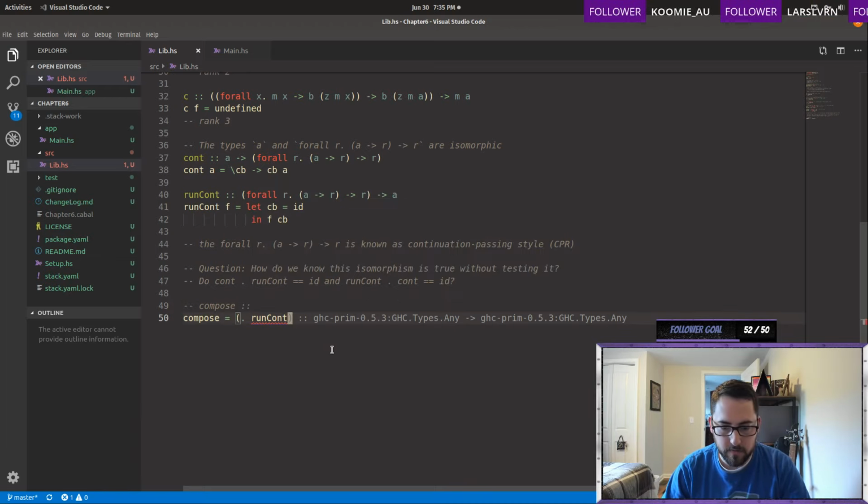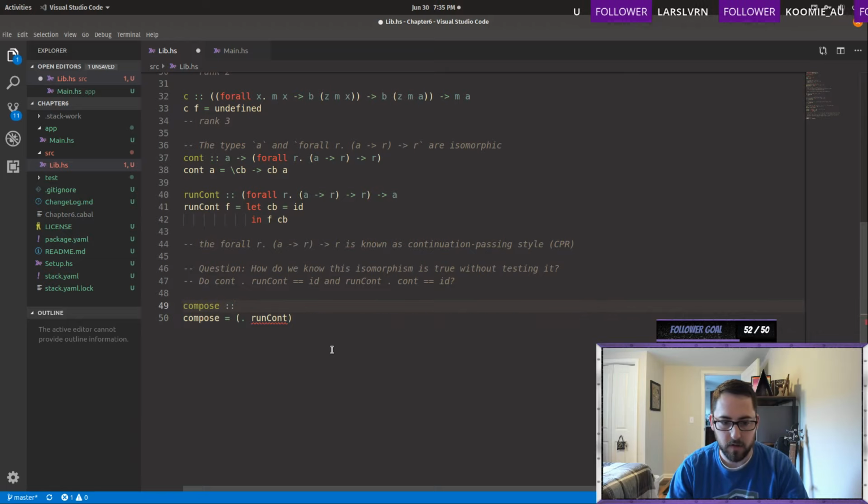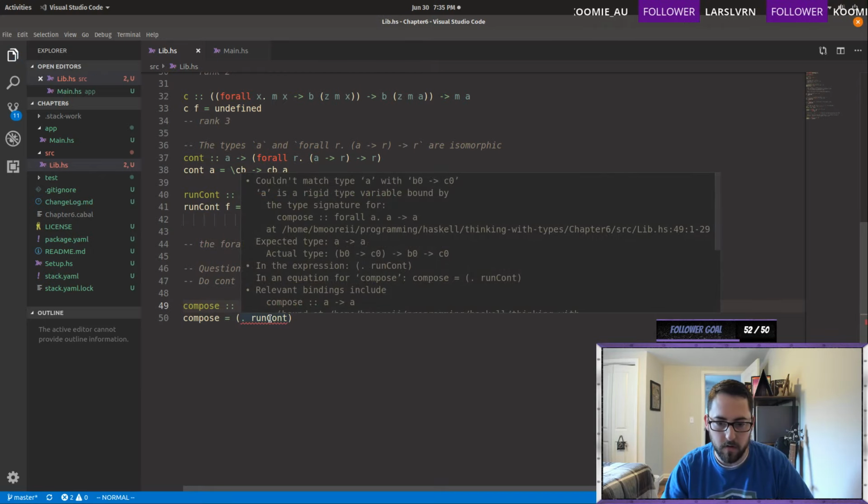Now, if we look at this, this is supposed to produce apparently an any to any, which I think is supposed to be like, no. I'm having a really hard time writing these compositions.